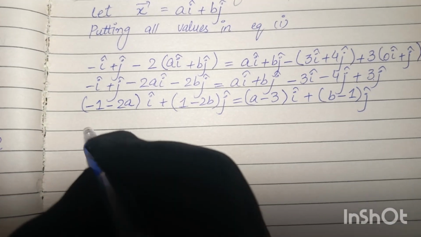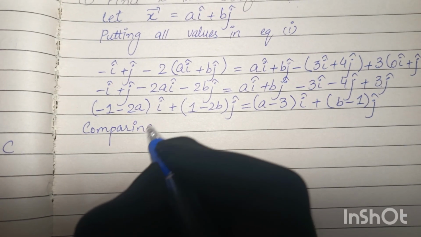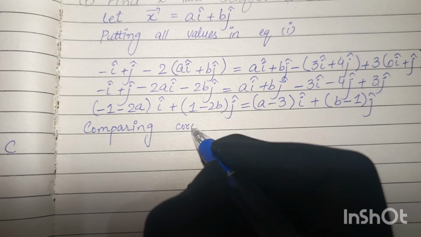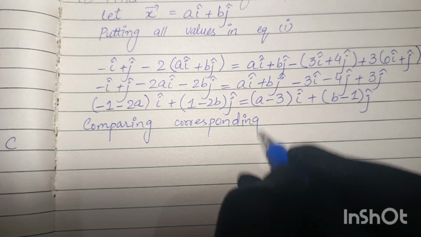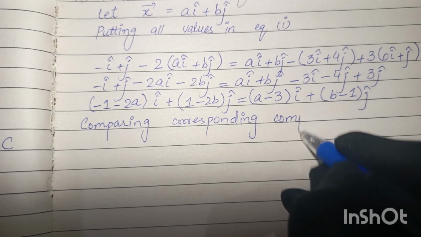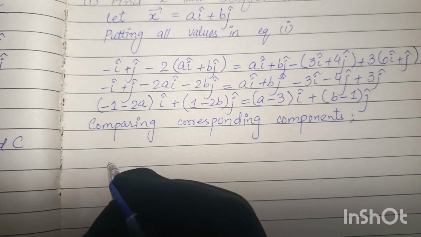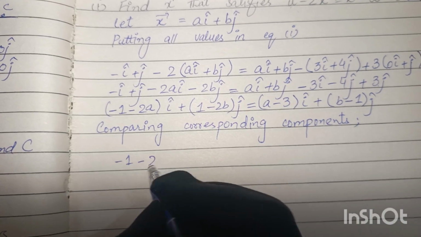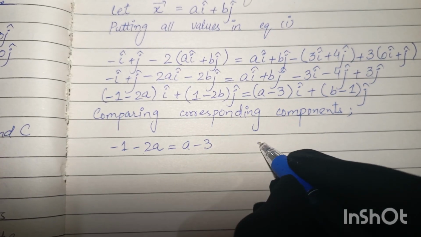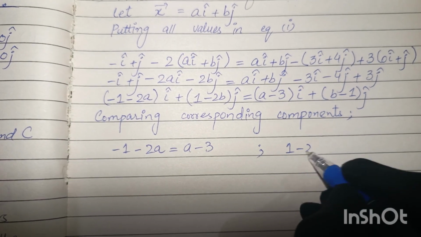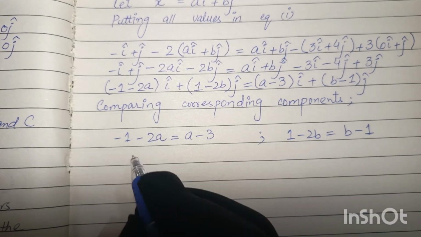So now by comparing corresponding components, meaning the i and j components, we will get minus 1 minus 2a is equal to a minus 3, and 1 minus 2b is equal to b minus 1.